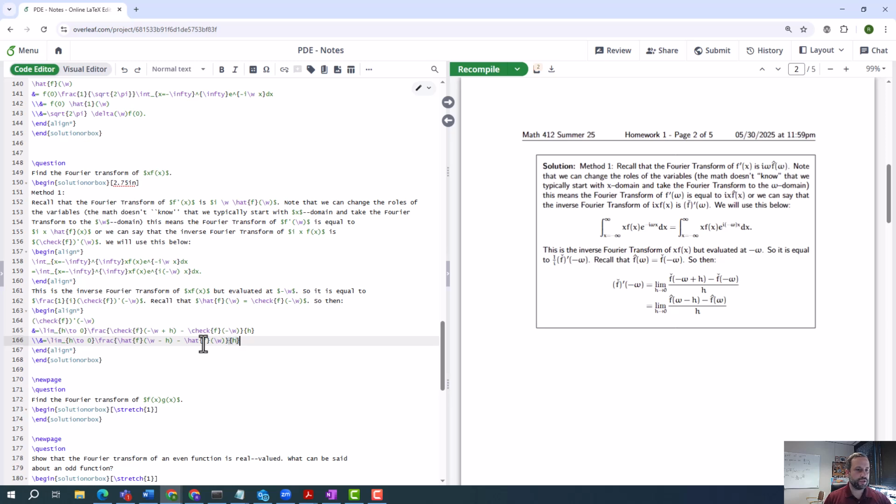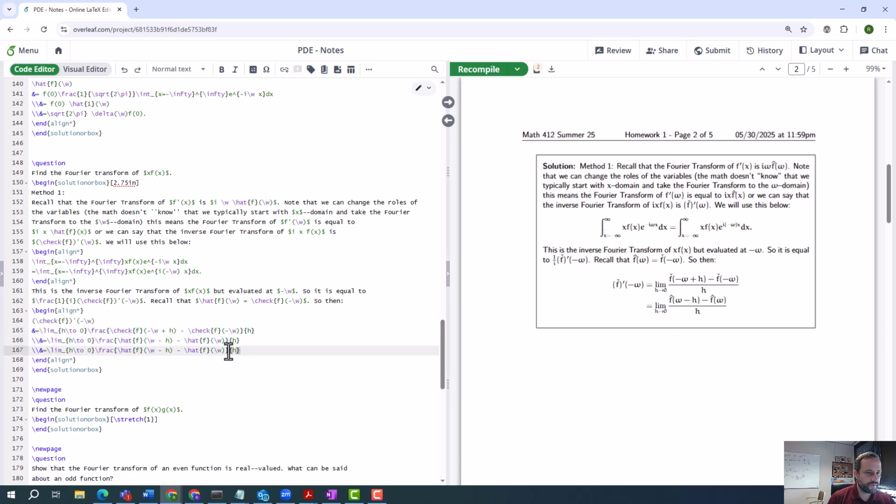Maybe I'll just do one step to explain why that is. This is going to be equal to the following. I'm going to put a minus h here, and now this is going to be plus minus h. If I multiply the denominator by minus h, I need to multiply the whole thing by minus h. So we're going to have this. Now this whole fraction, if h is going to 0, then minus h is going to 0.